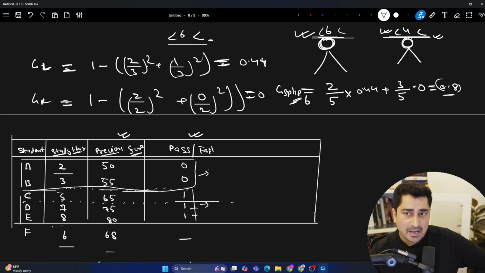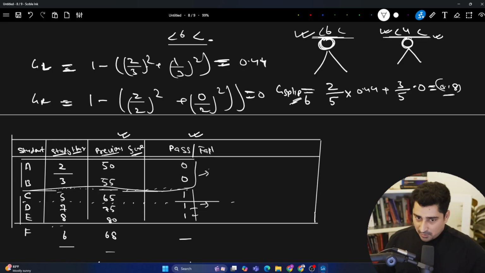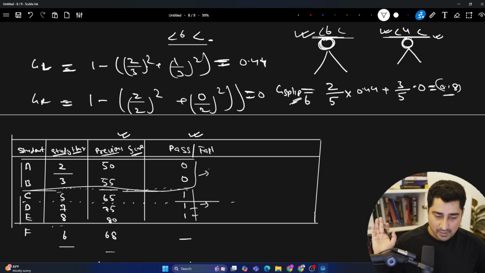On which value am I supposed to split? Let's suppose I have just considered study hours as of now. Only in that situation. Yes, guys, impurity should be less. So it simply means that I will be considering 4 over here.